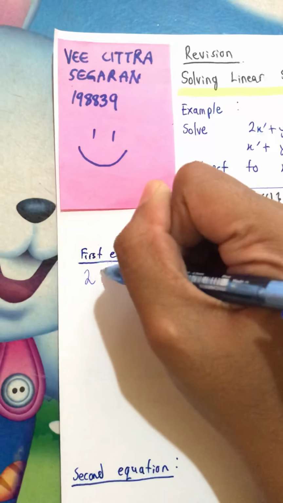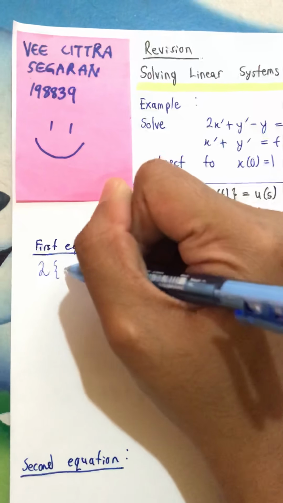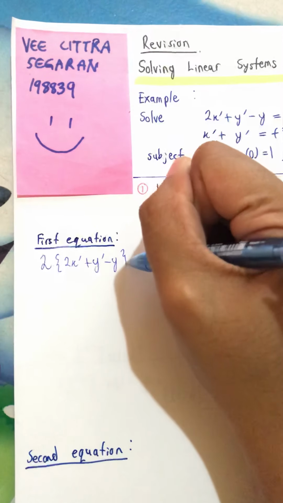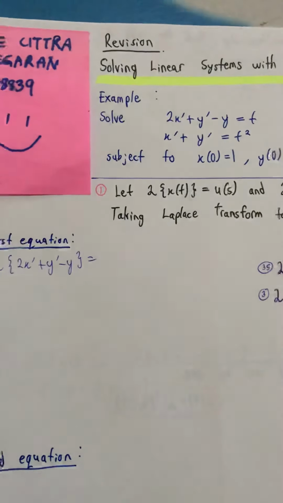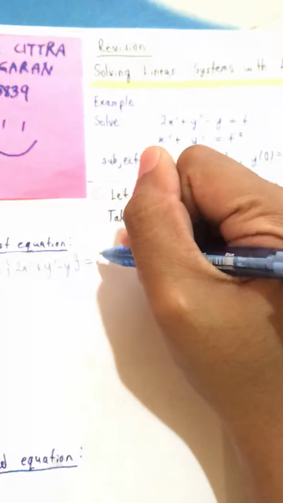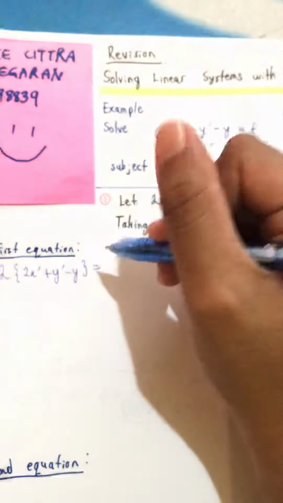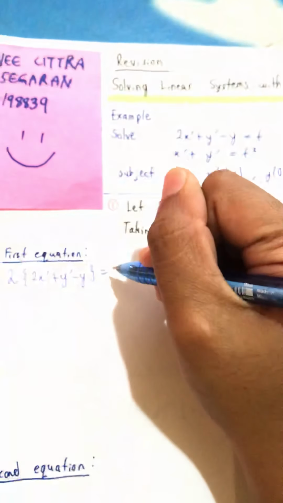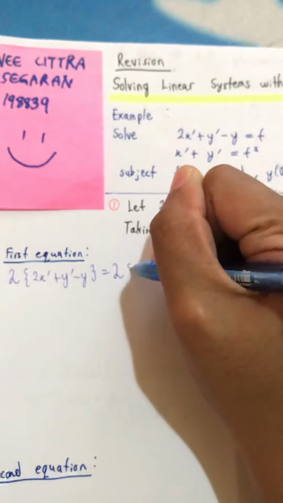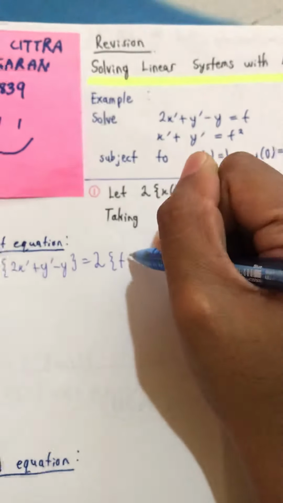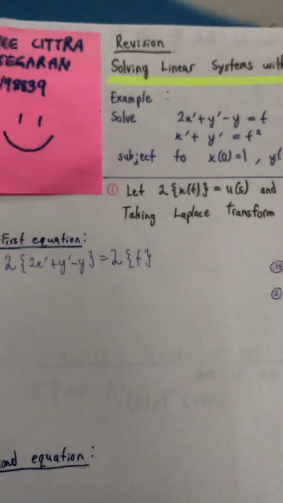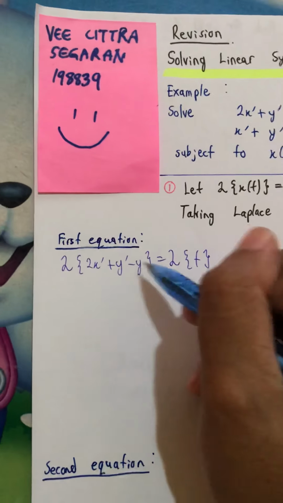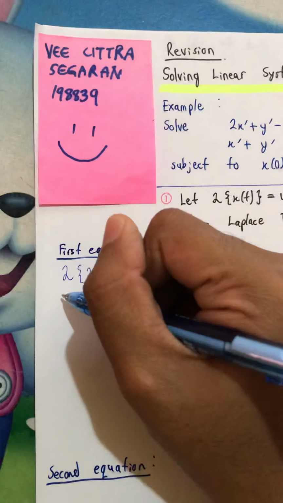So we have the Laplace transform: the left side is 2x' + y' - y, and the right side is the Laplace transform of t. This part we can separate the Laplace transform.